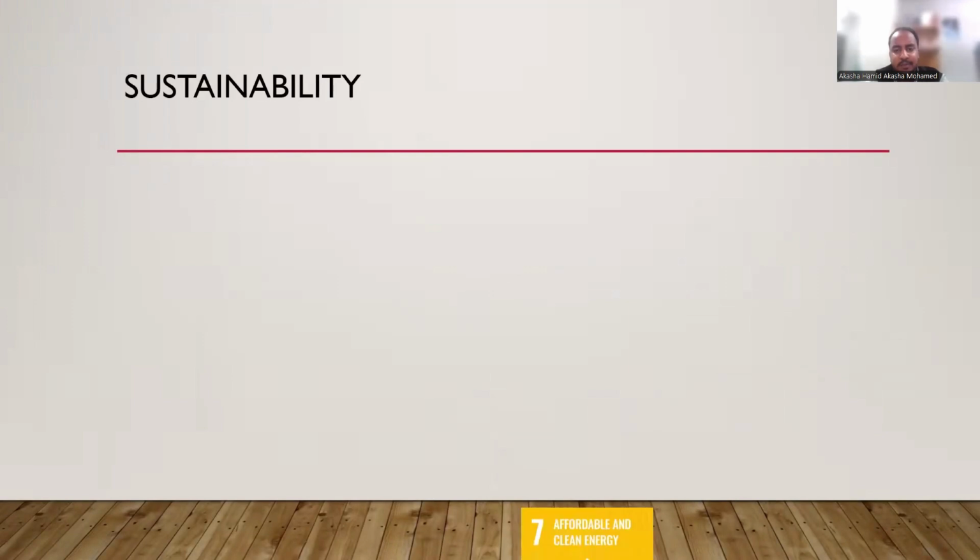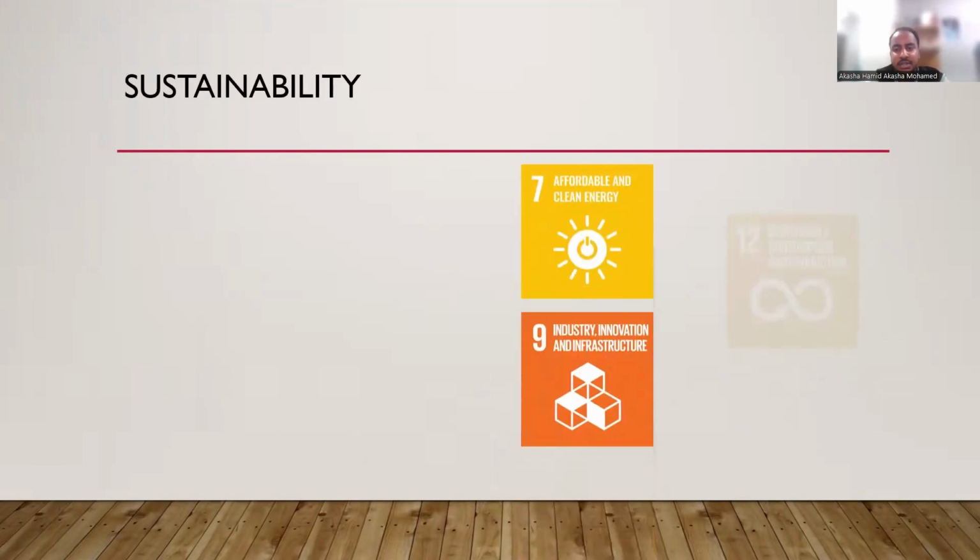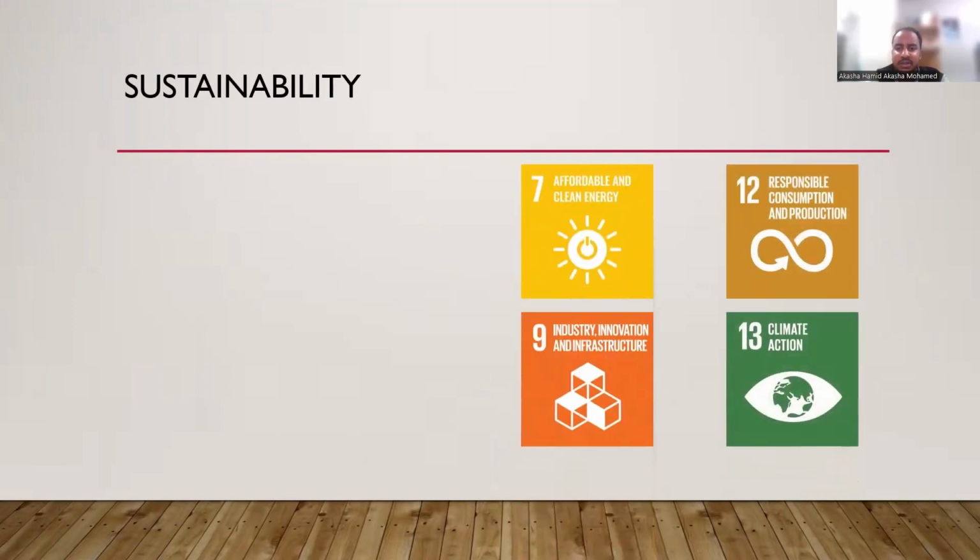Moving on to sustainability. Improving distillation internals also supports sustainability. Lower pressure drops mean less energy is required to operate the reboiler, supporting UN SDG 7. Revamping existing columns instead of constructing new ones supports UN SDG 9, and higher propylene recovery reduces waste, supporting UN SDG 12.